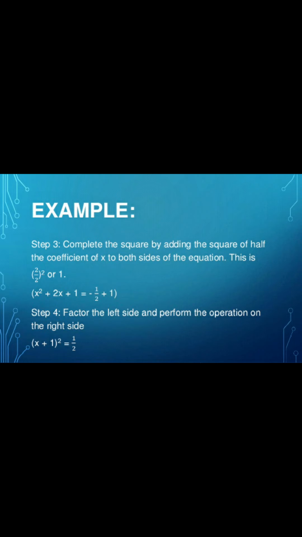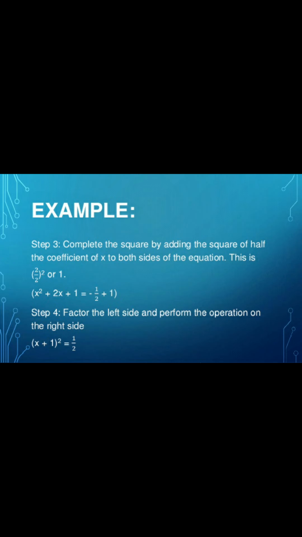Third step: complete the square by adding the square of half of the coefficient of x to both sides of the equation. You know the coefficient of x is 2. Half of it is 2 by 2, that is 1, and the square of 1 is 1. So we add 1 on both sides: x squared plus 2x plus 1 is equal to minus 1 by 2 plus 1.